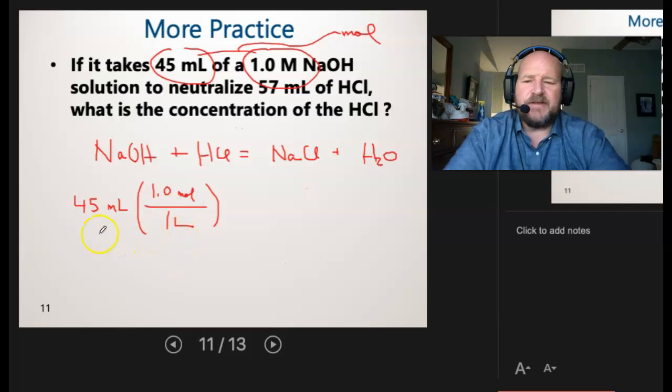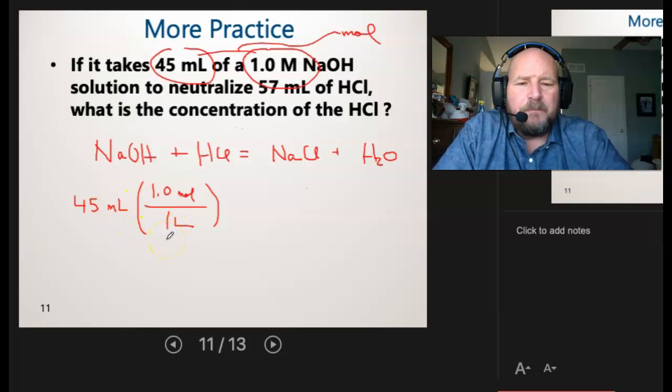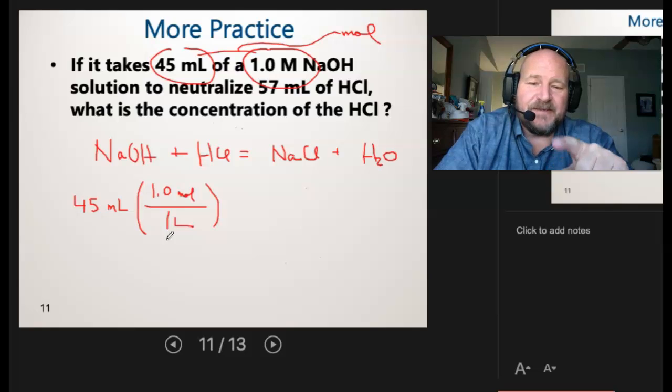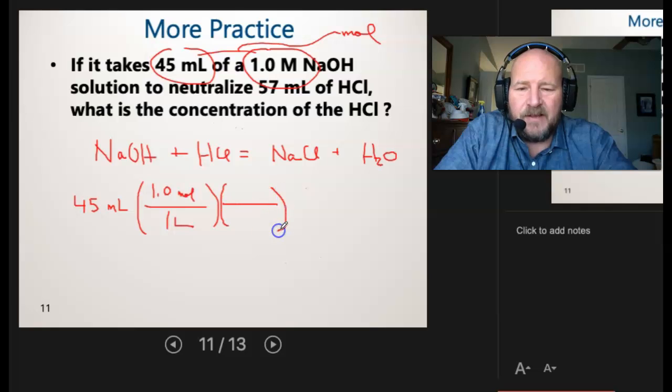Now I could convert this because right now milliliters and liters won't cancel out, but I'm not going to change that at this point because I know that on the other end of this, I'm going to have molarity again. So that means I'm going to have milliliters again, and I'll be able to get them to cancel out there. Okay, so the next step will be from our balanced chemical reaction.